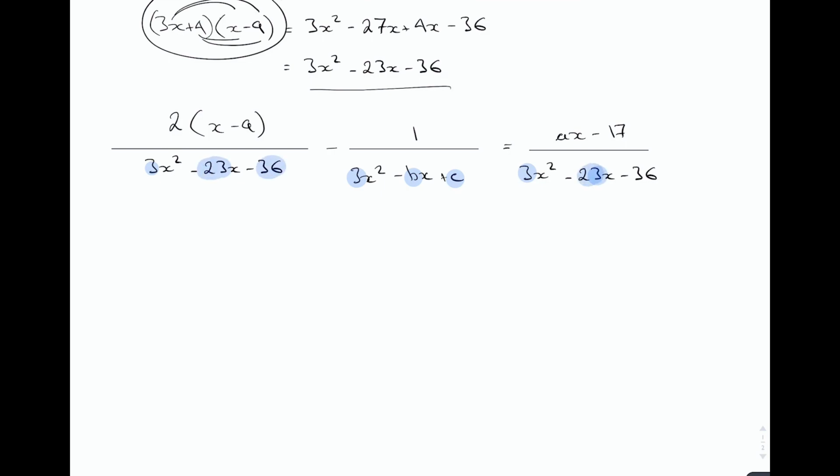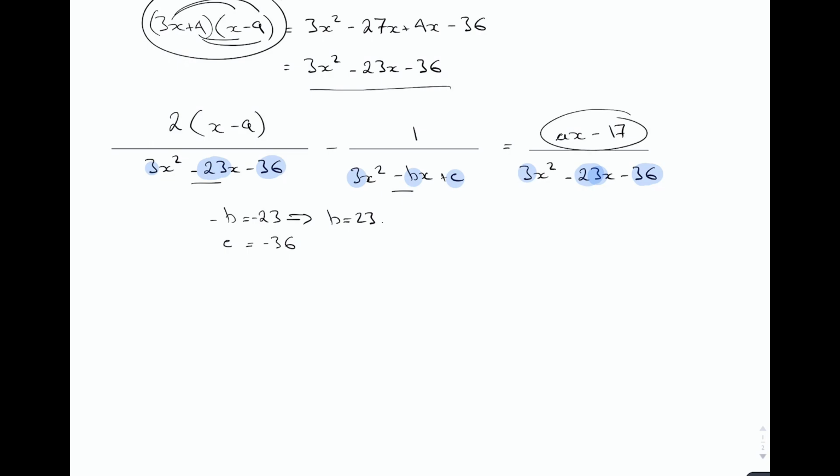My b and c values have to be, well, b looks like it's going to be 23. And c will be negative 36. I mean, if you want, that's negative b, negative 23, which just becomes b equals 23. So we have that down.